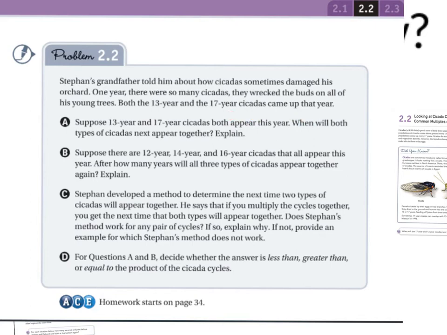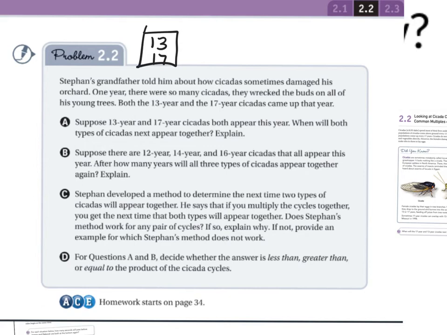So the questions are this. A, suppose 13-year and 17-year cicadas both appear this year. Okay? When will both of them appear together again?